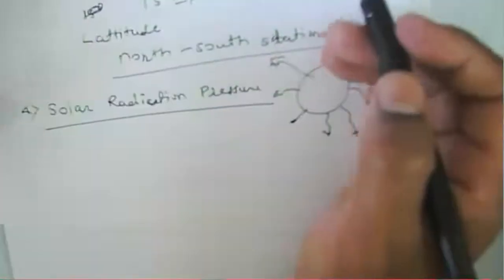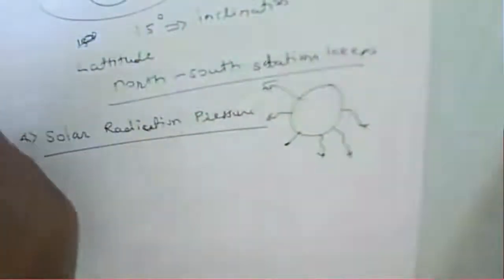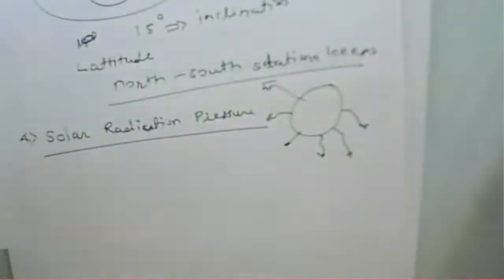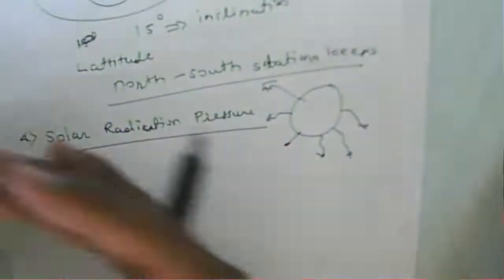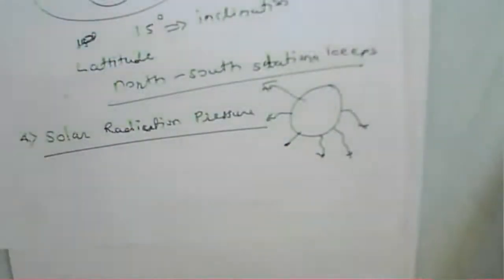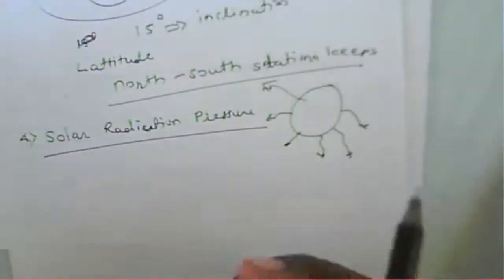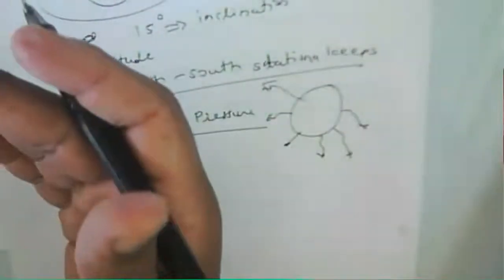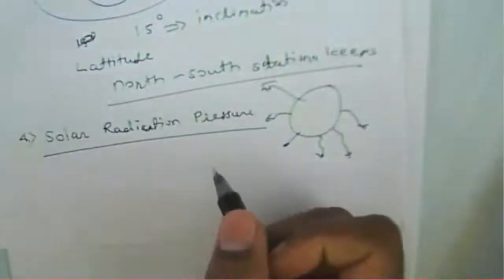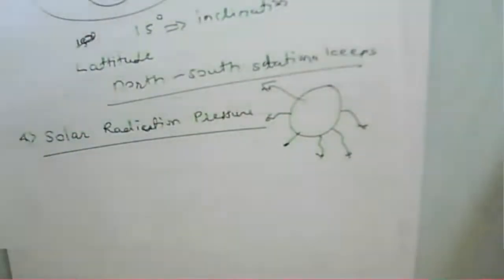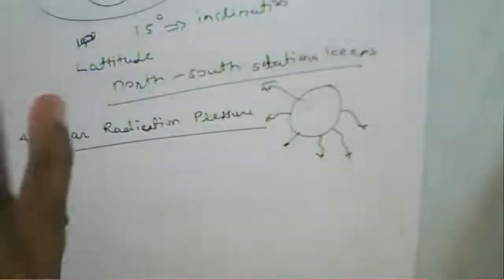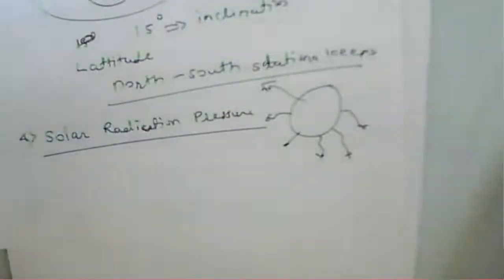Generally, you know that there is a small radiation coming from the sun. That radiation from the sun exerts pressure on the satellite. Because of that pressure on the satellite, whichever solar panels are there, the pressure will come on the solar panel, and because of that pressure, the position of the satellite changes.